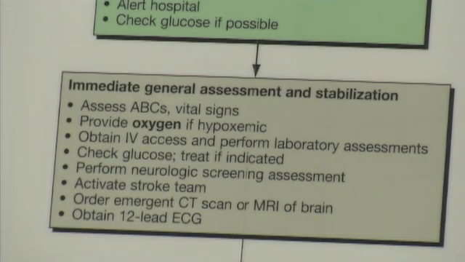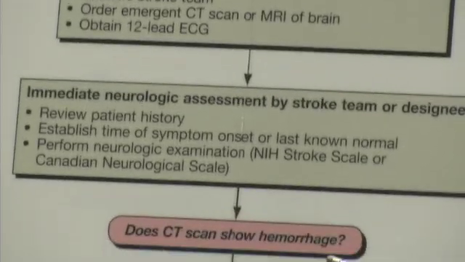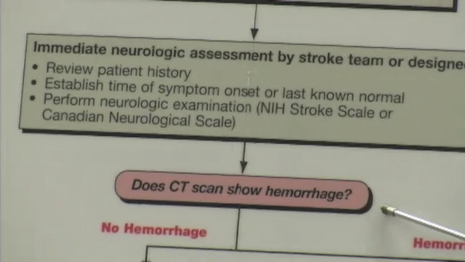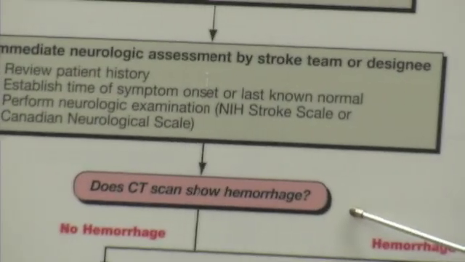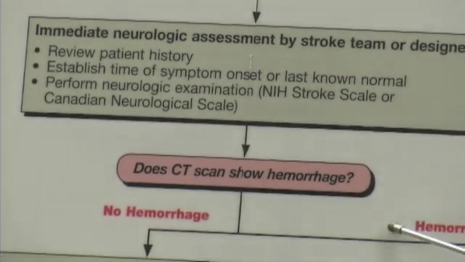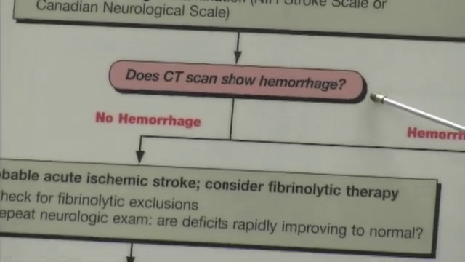Perform our neurologic assessment by stroke team or designee, review the history, review the time of onset of symptoms, do our NIHSS scale, and get our CT scan results back. In the first few hours after an acute stroke, our CT scan should be normal. CTs do not show any abnormality in the first few hours of stroke.